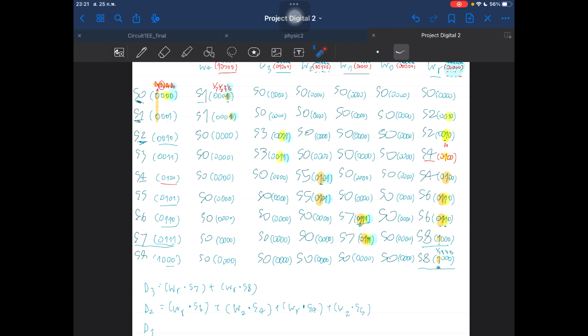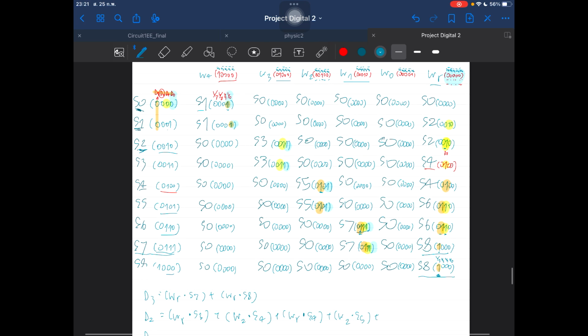Then continue. D2 0, D2 0, D2 1. D2 1 here. Then look at the input. Input is WR and state name is state 5, then write it. And state 5 is finished.